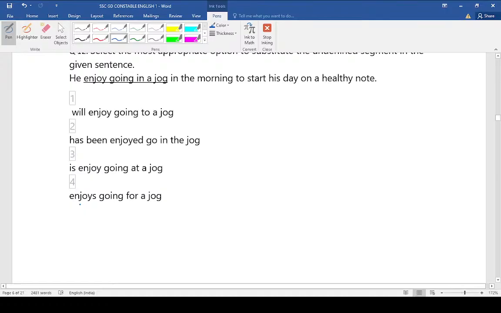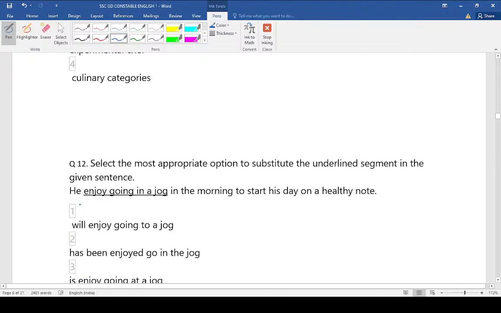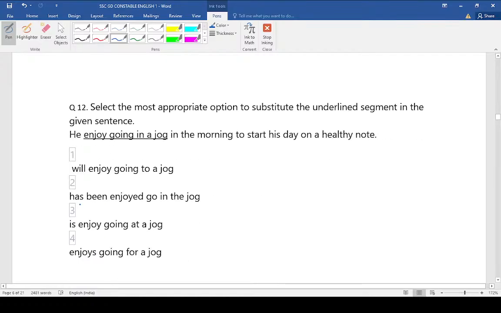Select the most appropriate option to substitute the underlined segment in the given sentence. He enjoyed going in a jog. He enjoyed going. So it is related to the simple present tense. Present. So then he is given. Along with that, the verb is supposed to be in the form of V1 along with the es.